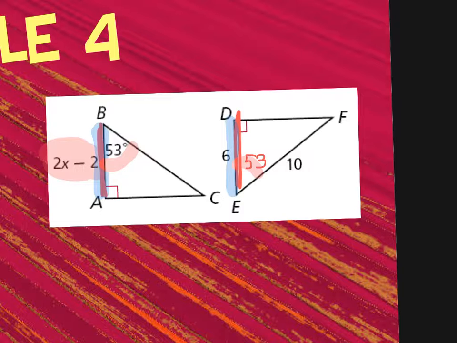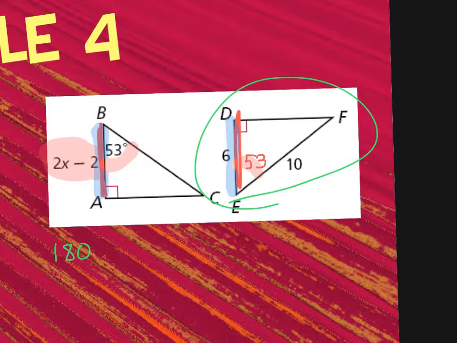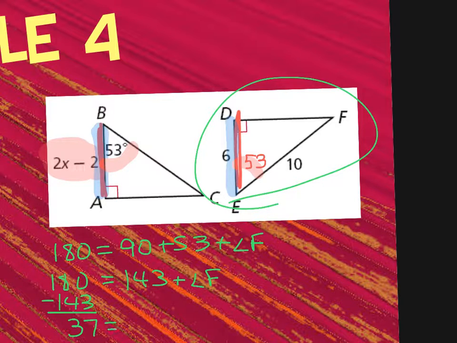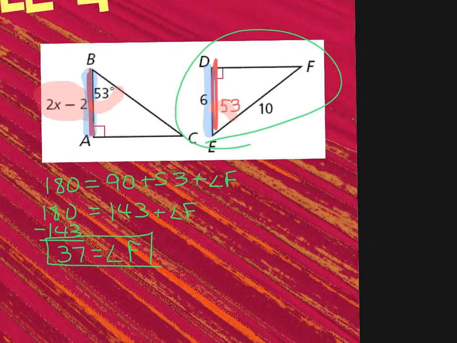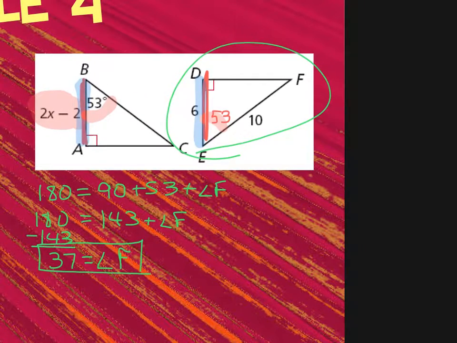Good. So both of you are right. I could either use all three angles and say 180 equals 90 plus 53 plus angle F, and then subtract the 90 and the 53. So 180 would equal 143 plus angle F, subtract the 143, and I get 37. That's one way to do it. The other way is the theorem that we learned in section 3 said that the acute angles of a right triangle have to add up to 90 degrees because they're complementary.